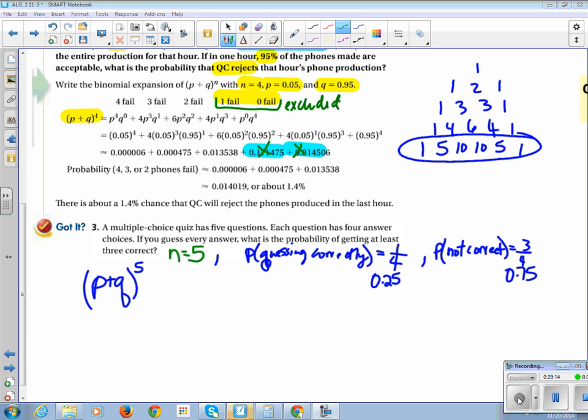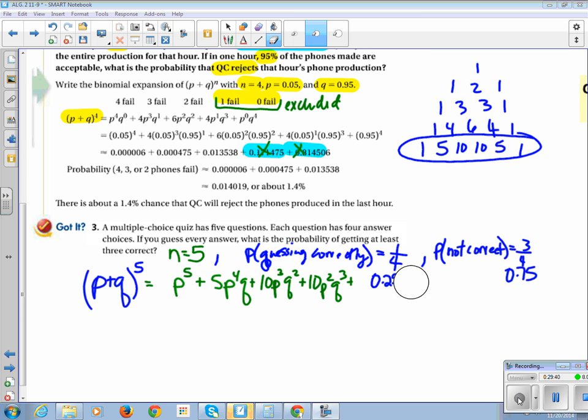So it's going to be p to the 5th plus 5p to the 4th q plus 10p cubed q squared plus 10p squared q cubed plus 5p q to the 4th plus q to the 5th.